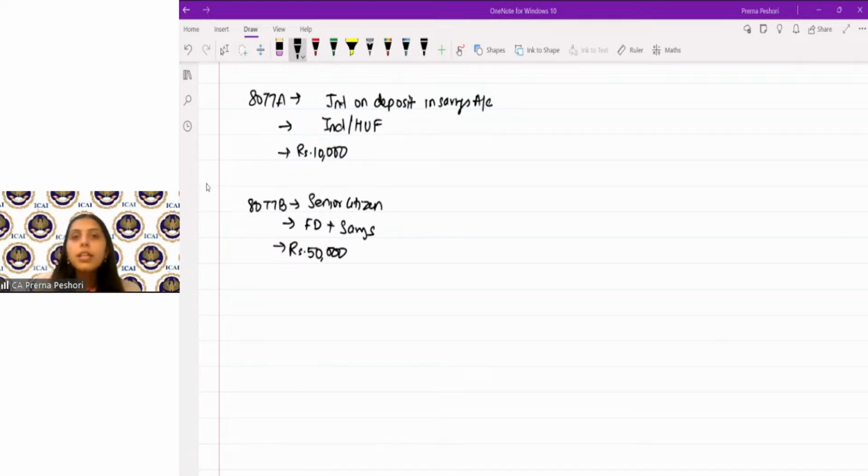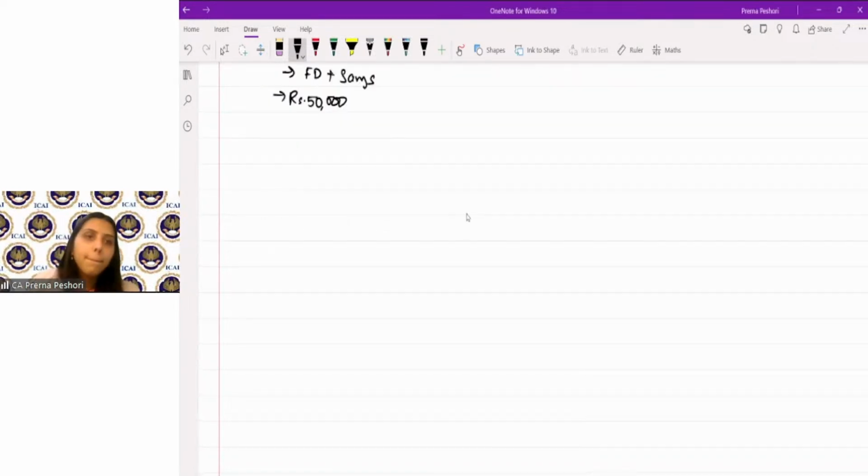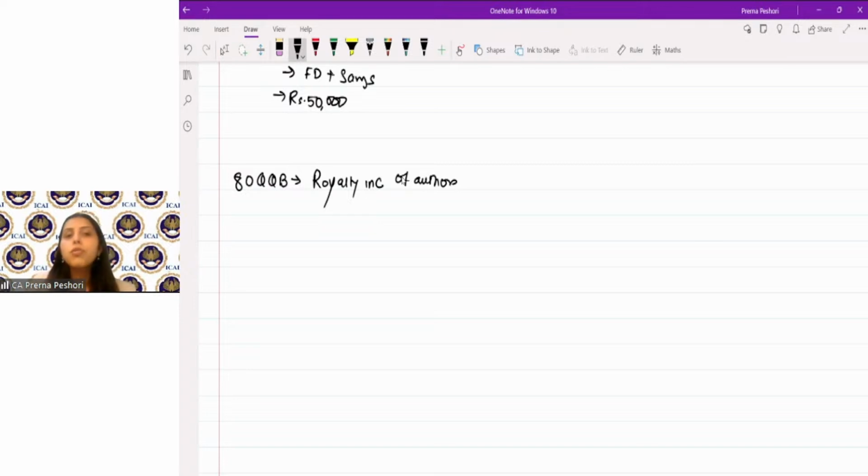Okay. Next is 80QQB. 80QQB is deduction in respect of royalty income of the authors of the book. This is a deduction of rupees 3 lakh. Rupees 3 lakh is allowed to an individual, or rather a resident individual.